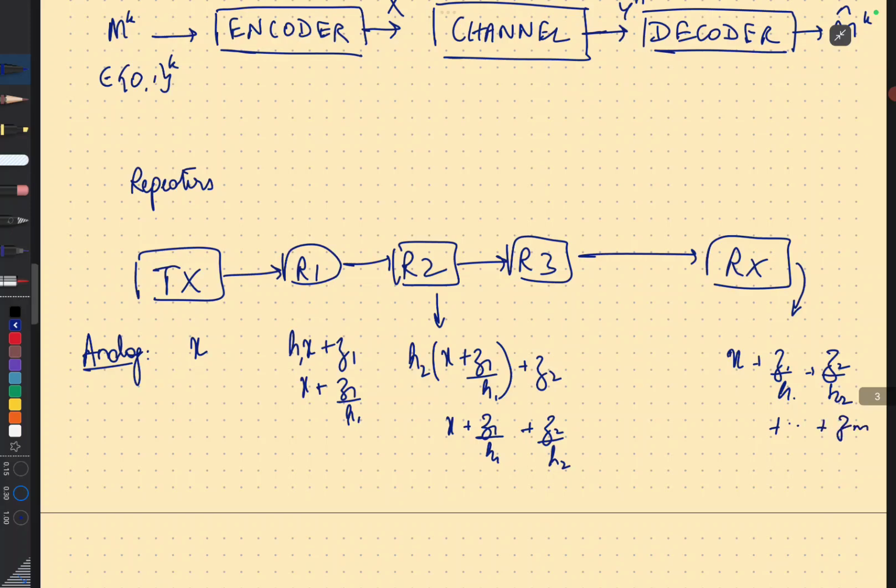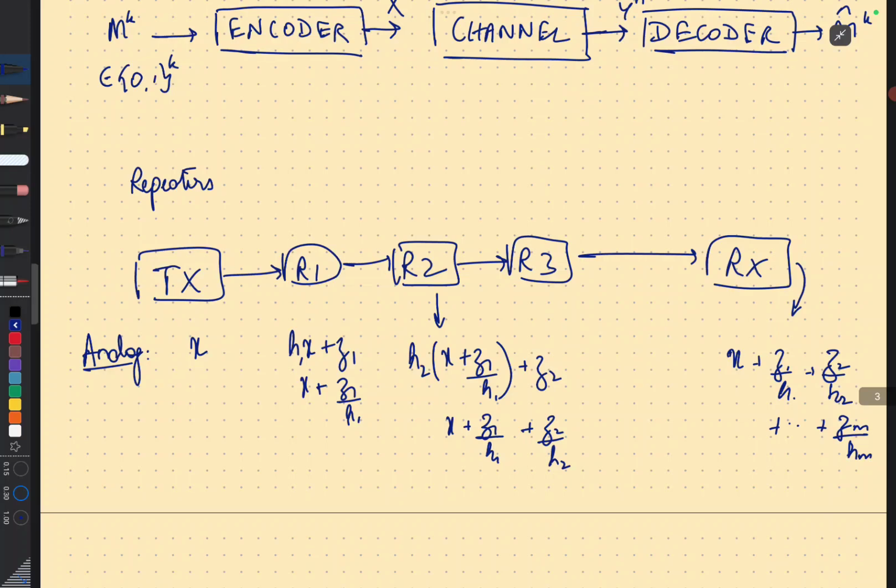So if there are m repeaters, then it would get plus zm by hm. All right. It's a very simplistic model, very simplistic behavior, but think of this as some kind of rough back of the envelope kind of model.